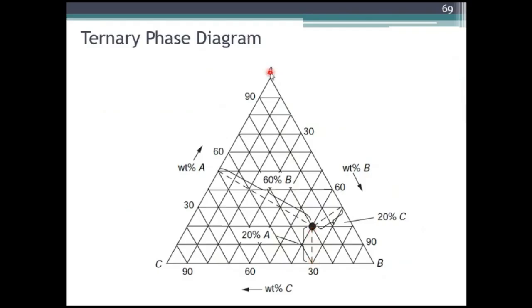Here it is 20 percent of A, 20 percent of C, and 60 percent of B will be there. Correspondingly, the opposite side component will be taken. So whatever point you take, we can analyze the percentage of each constituent from this ternary phase diagram.